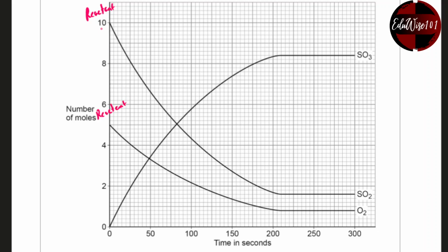Remember, this is 10 and this is 5, so the ratio was 2 moles of sulfur dioxide reacting with 1 mole of oxygen. That makes sense. And when it does react, it forms sulfur trioxide, which is this line. This is the product line. And when it comes to this point, the concentration of the product actually remains the same.